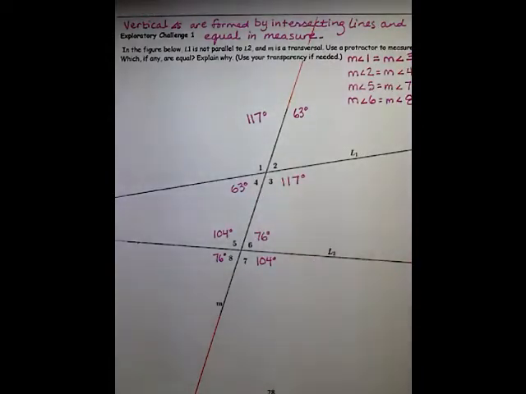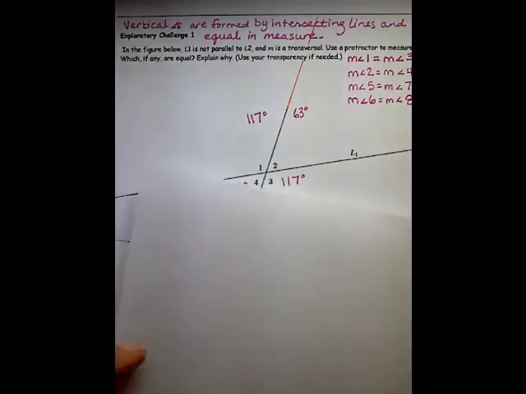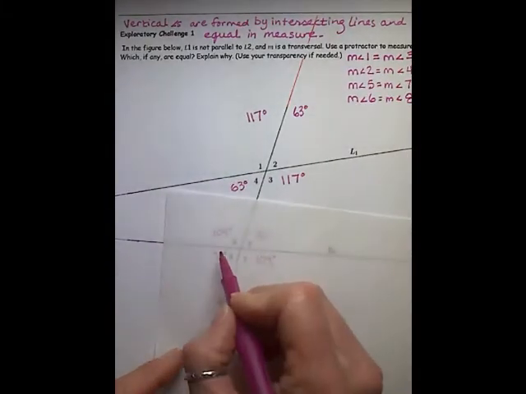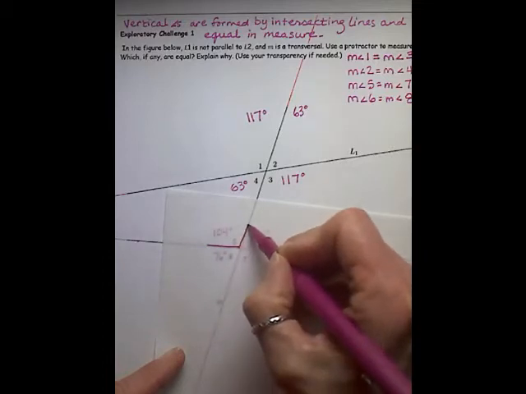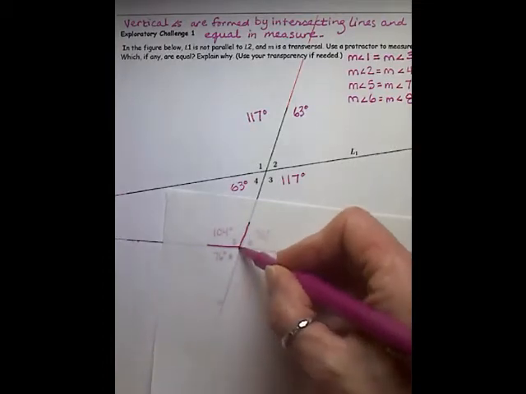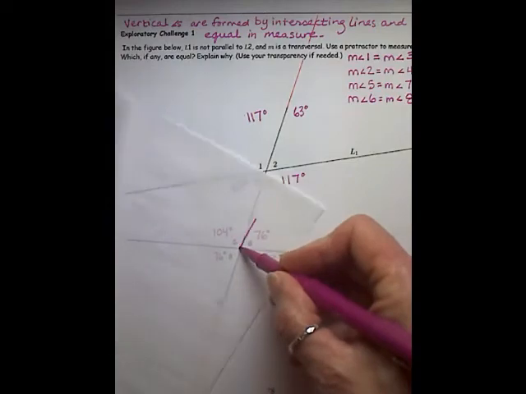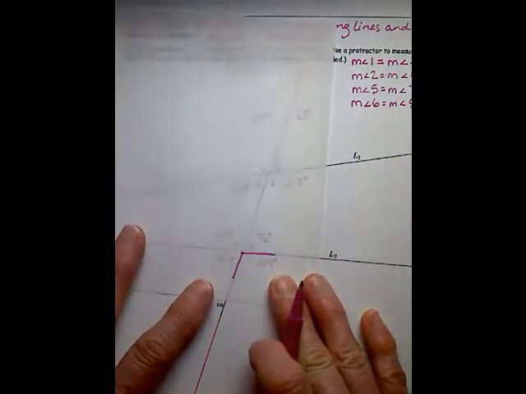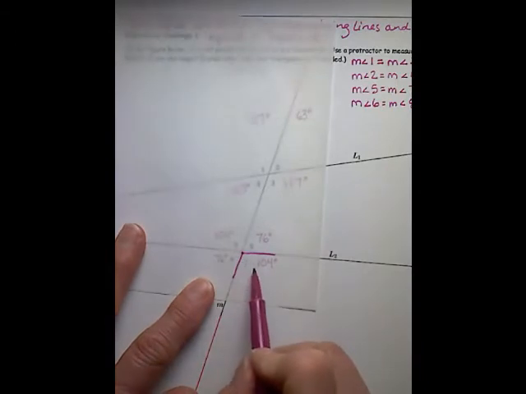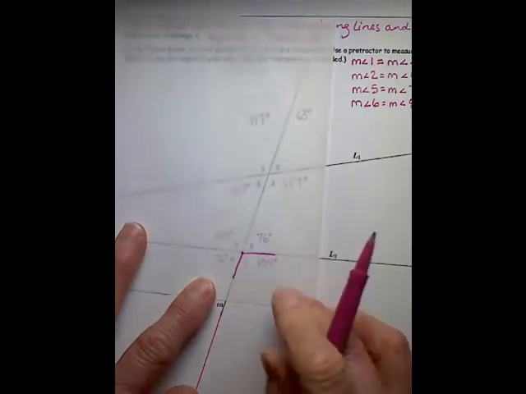Then let's take a look at angle 5 below. For angle 5, here's our angle, and if we perform a rotation around the vertex, we see that it is congruent to angle 7, 104 degrees.